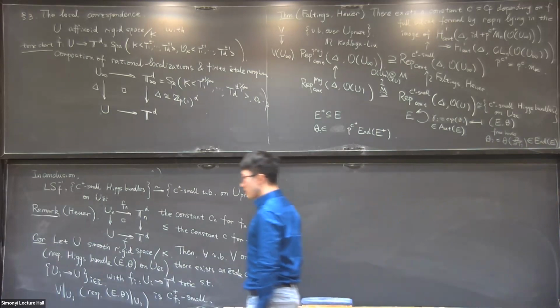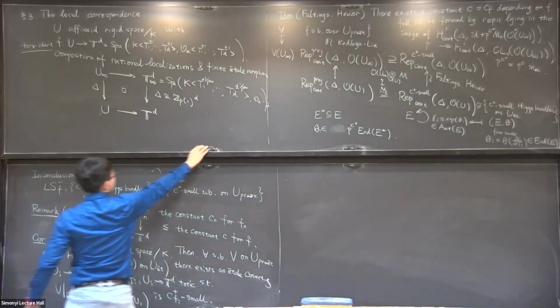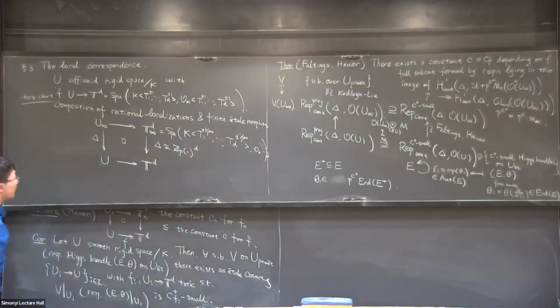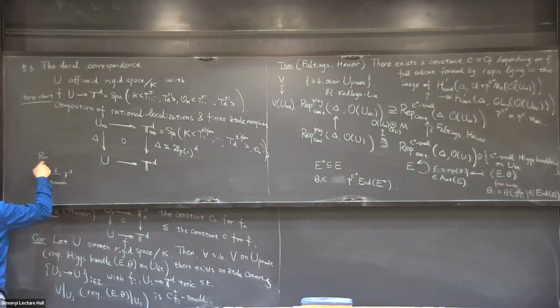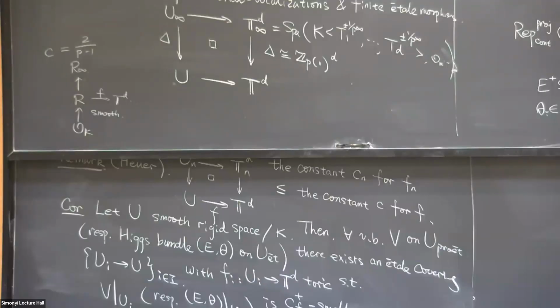It's not, because if you consider the semi-stable case or just the smooth case, if you consider an algebra formally smooth over O_K, and it has a chart like that, then you can get smallness. In this case, you can always pick C to be 2 over p minus 1. Okay, yeah. This is in Faltings' work.